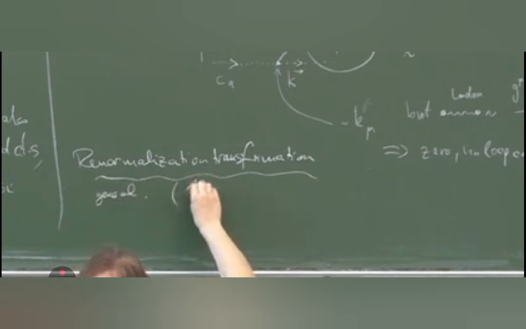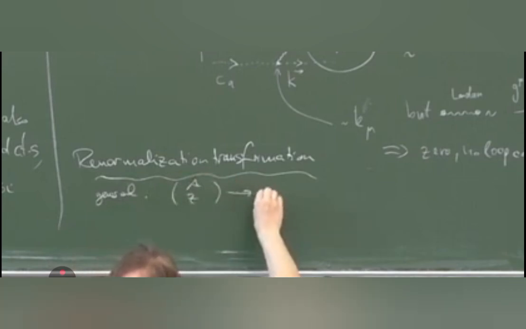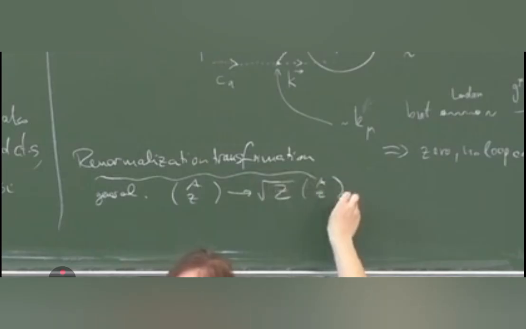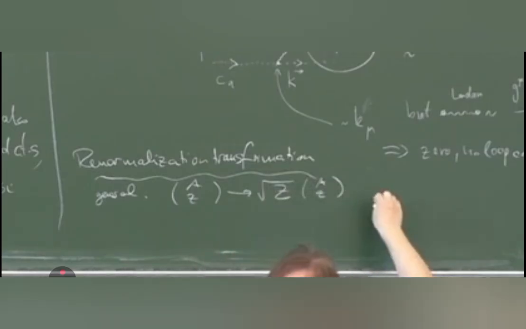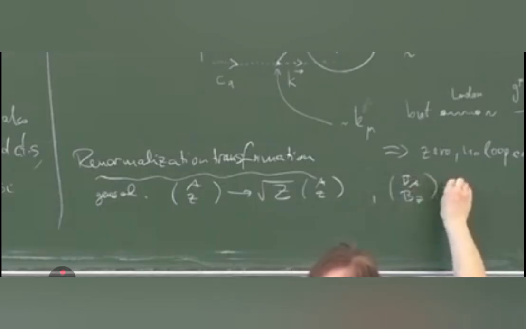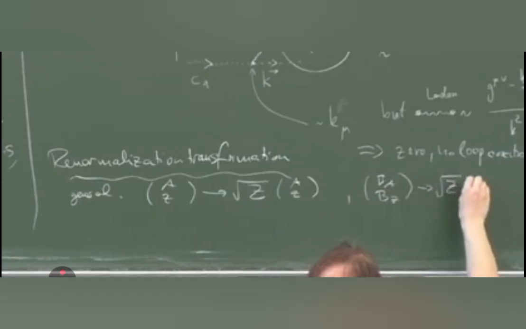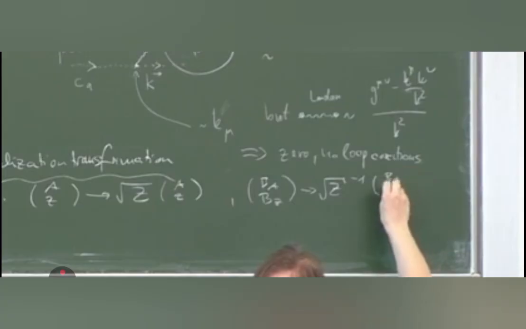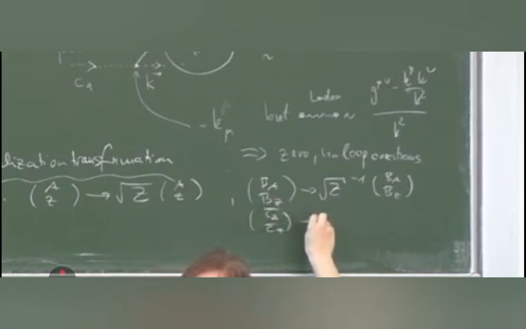The photon and Z fields go to the square root of this Z matrix, a 2 by 2 matrix, acting on A and Z, and the B fields transform in the opposite way, with the inverse Z factor matrix to the power -1. Also the anti-ghosts transform like the B fields.